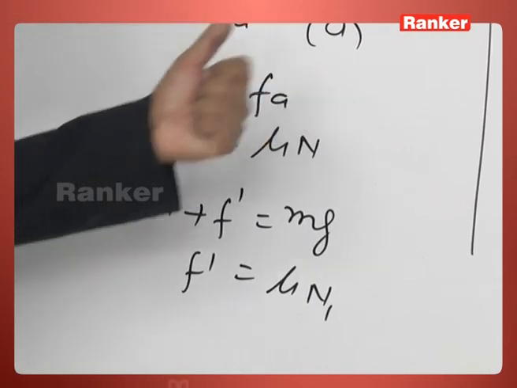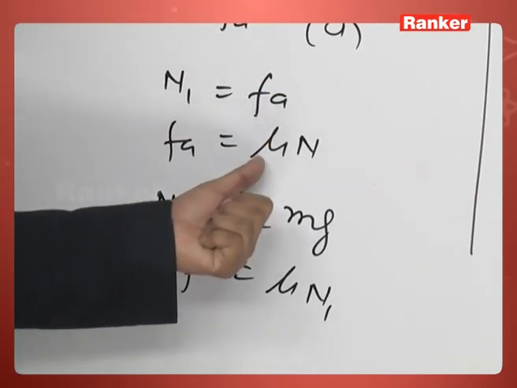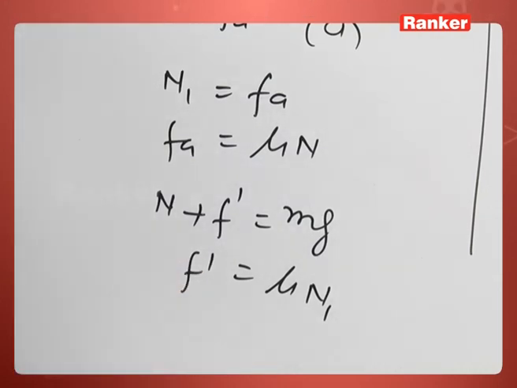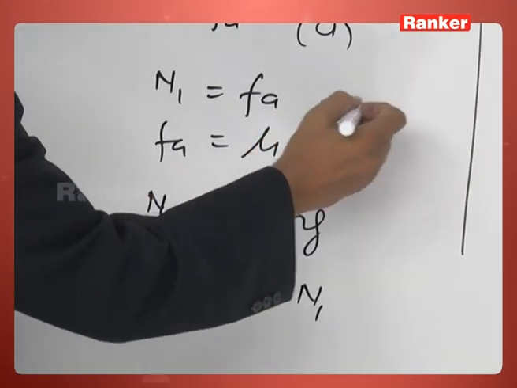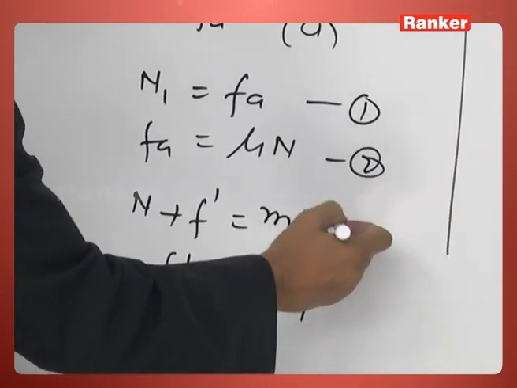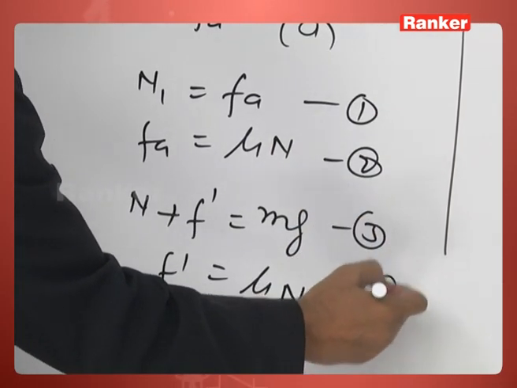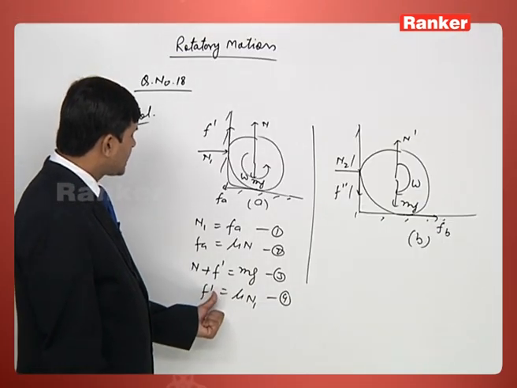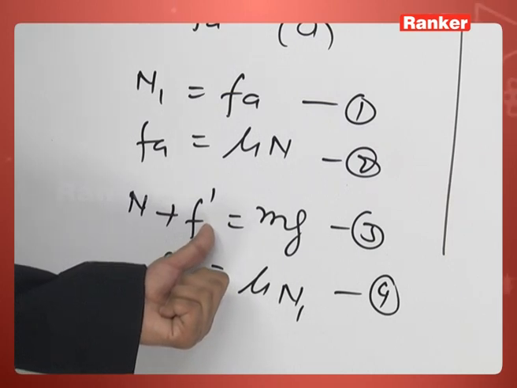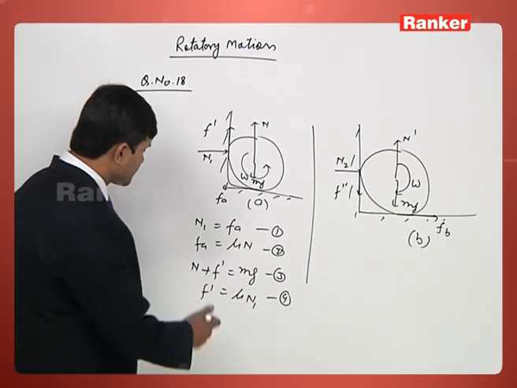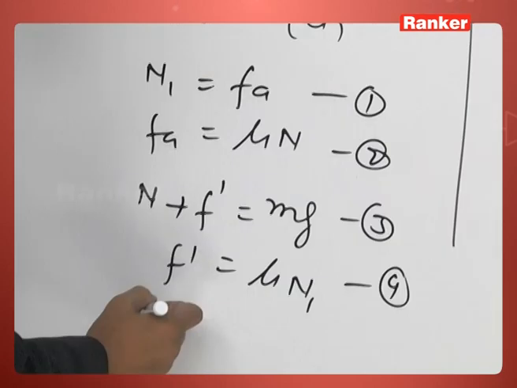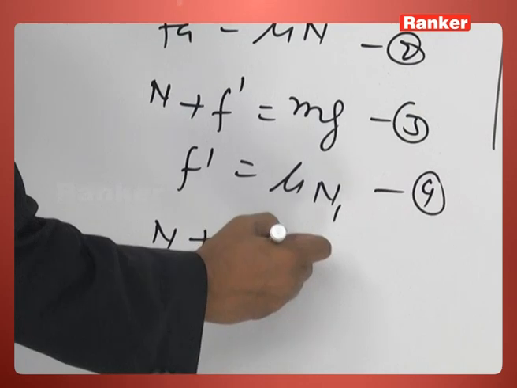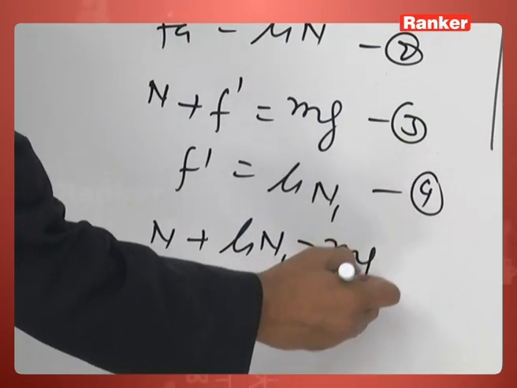Now we would like to find the Fa value. Fa is mu into N, so how can we get the value of N? Let these be the first, second, third and fourth equations. From this, we can put the F dash value from the fourth into the second. So N plus mu N1 is mg.